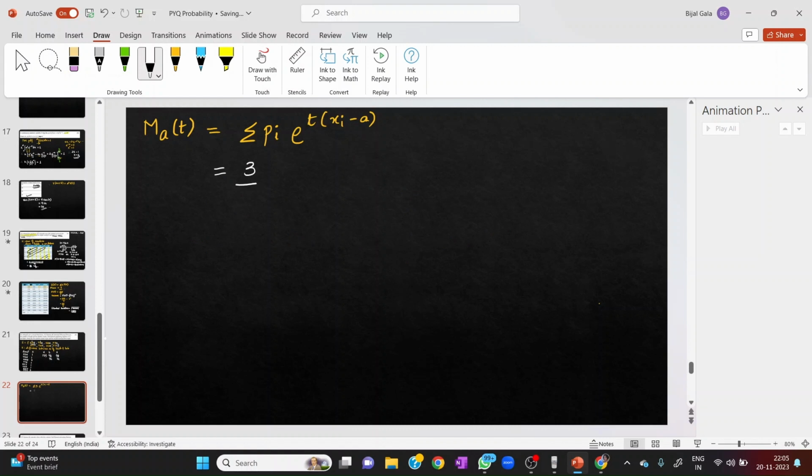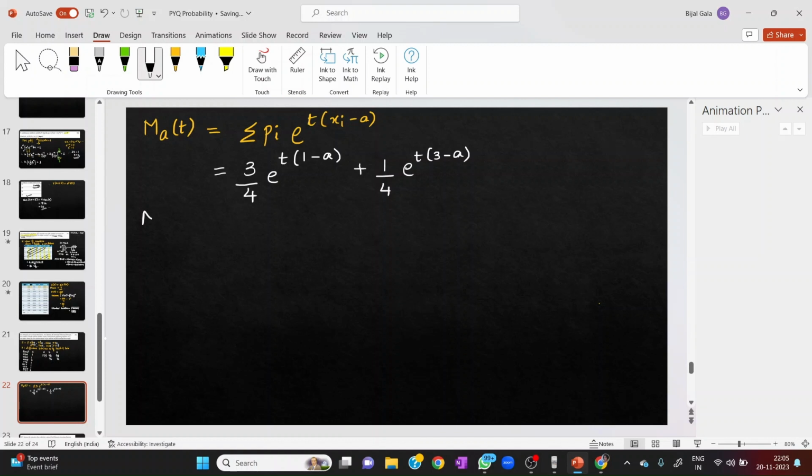So 3 by 4 e raised to t into (1 minus a) plus, when you put 3 in place of x, the probability here is 1 by 4, e raised to t into (3 minus a). Okay.